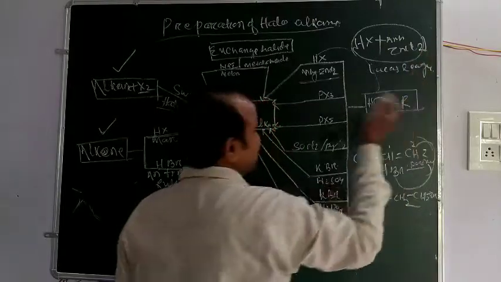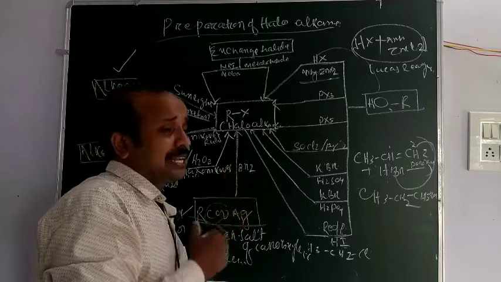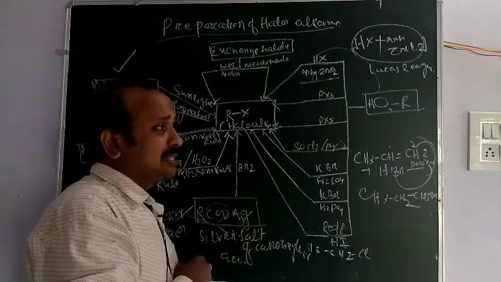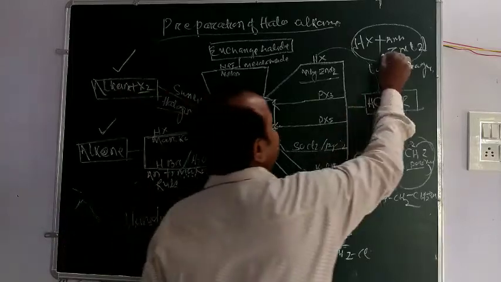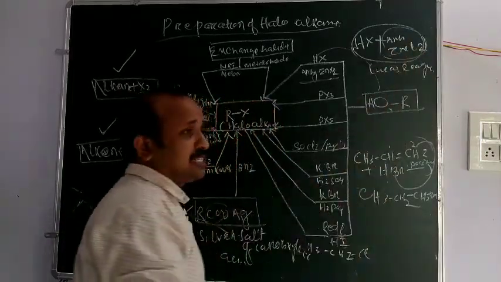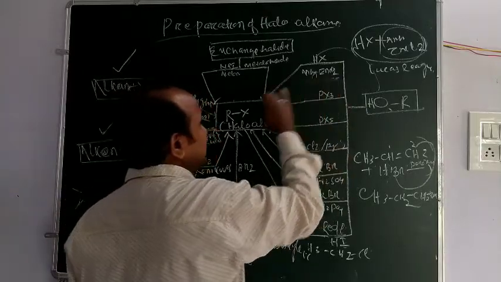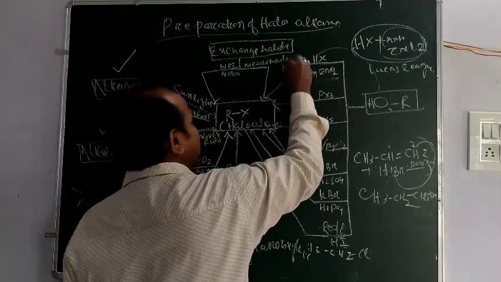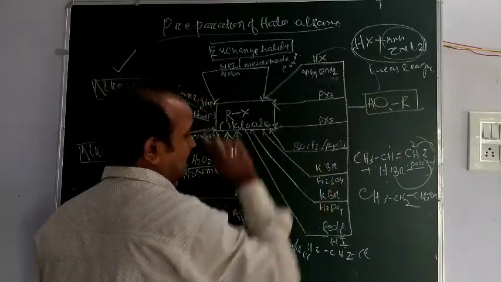Okay, it is the best way to prepare alkyl halides from primary and secondary alcohols. For tertiary alcohol there is no requirement of anhydrous ZnCl2. It is only for primary and secondary, 1 degree or 2 degree, with Lucas reagent, then haloalkane is formed.